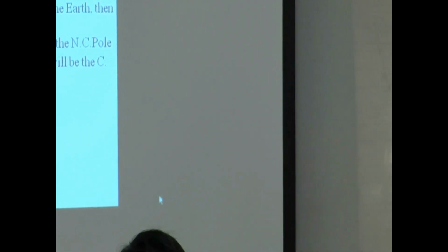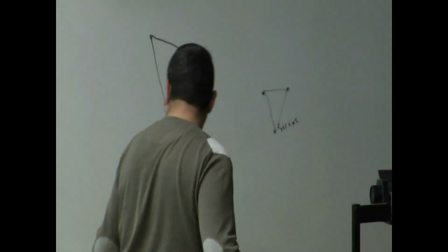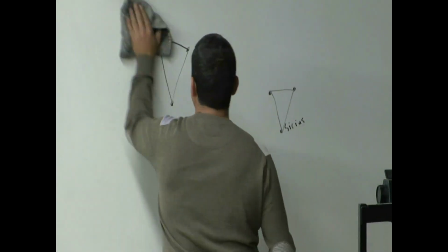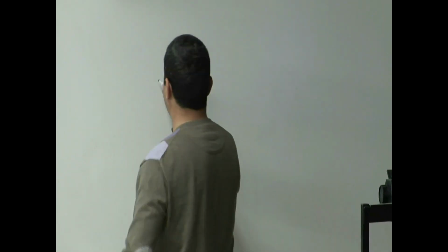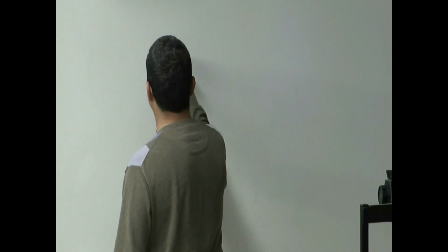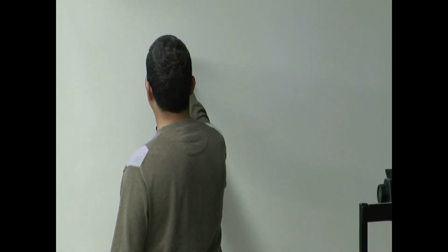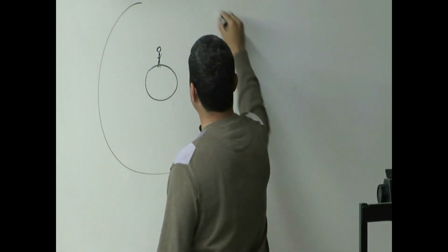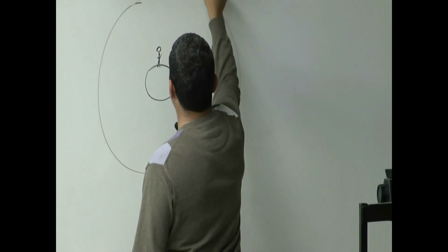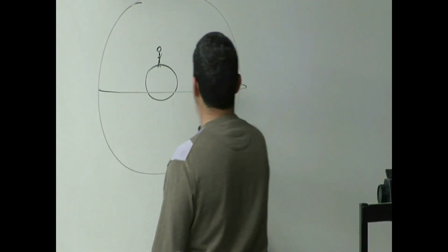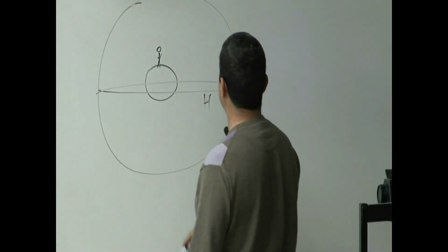So basically speaking then, we've drawn some of these things before, so just by way of reiteration, I'm drawing it again. If you live at the North Pole, this is your zenith, North Celestial Pole. And then this is your horizon, like that.